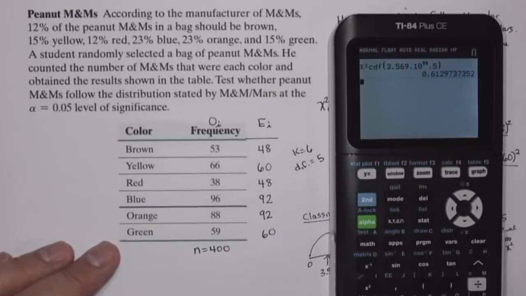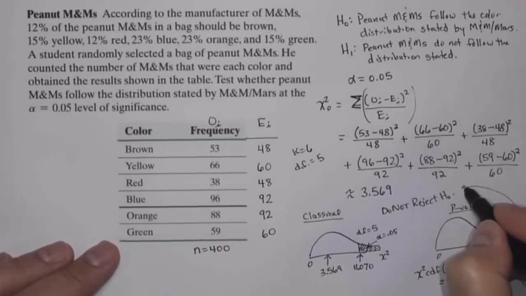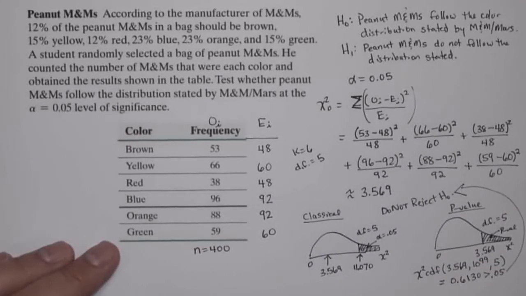Paste. And so that gives me 0.6130 if I round to 4 places. So that's our p-value. Our p-value is bigger than alpha, so that's bigger than 0.05. So again, that tells me do not reject the null hypothesis.